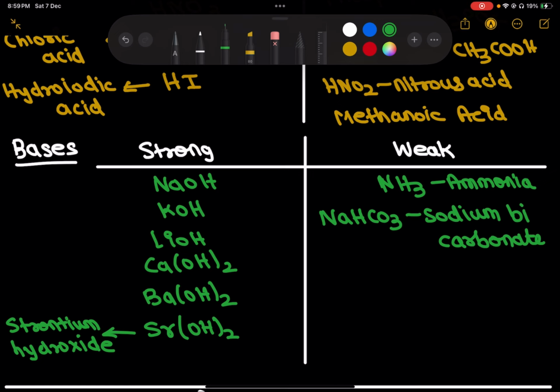Then we have NH4OH, which is ammonium hydroxide. Okay, so these are some examples of weak bases. Okay, strong and weak bases. So try to remember both of these tables. It will be useful for you, even in your further studies in your higher classes.